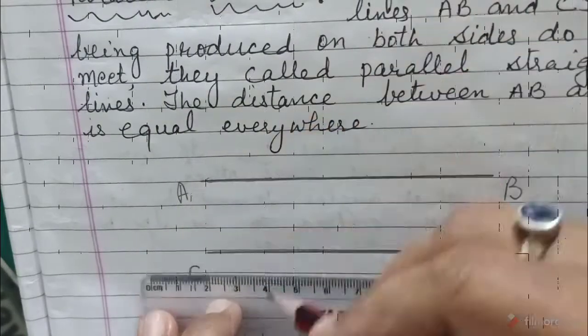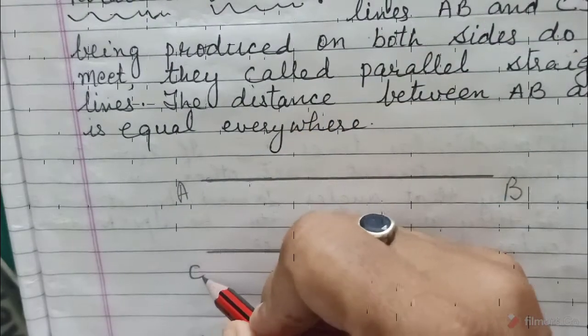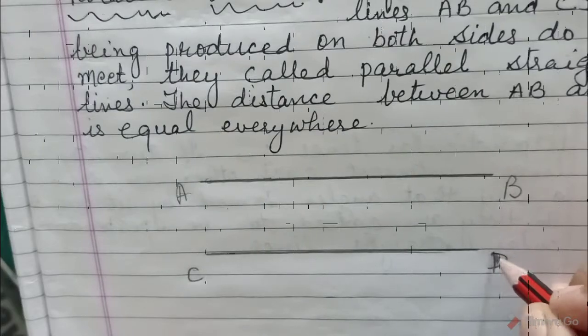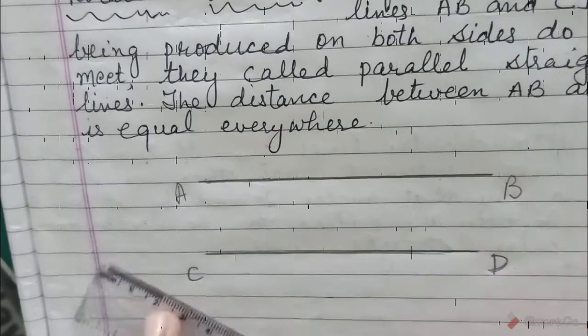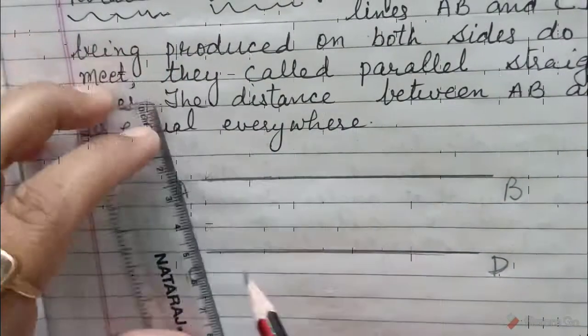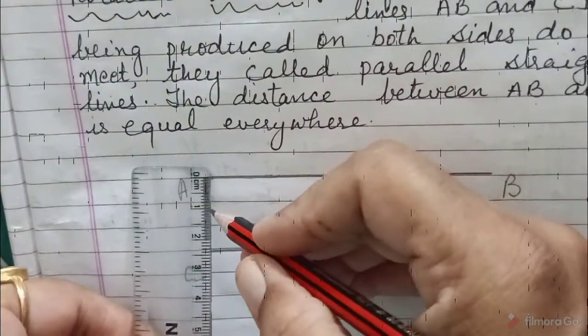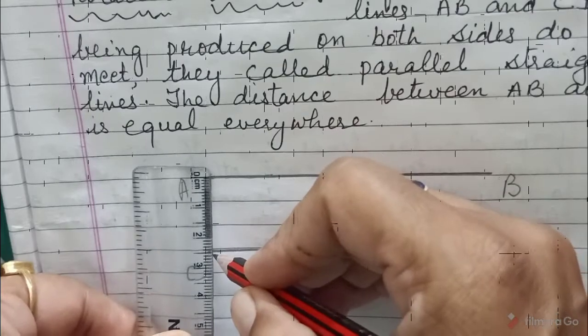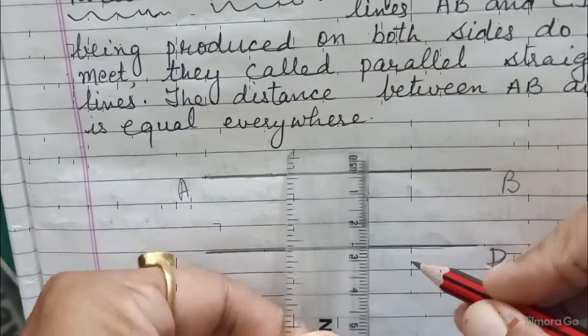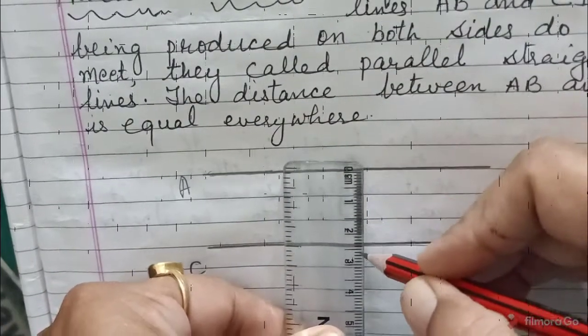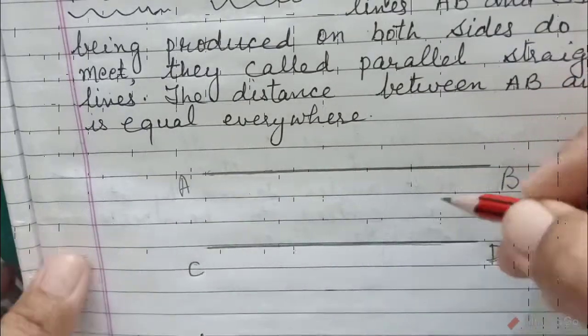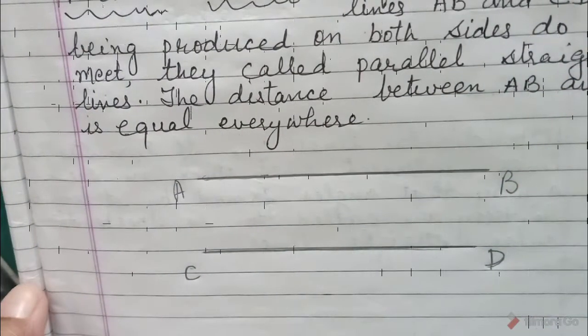Now the distance between these two lines AB and CD is equal. Now you can put here 0, 1, 2 and 2.5 centimeter. The distance between these two lines is equal, and they are called parallel lines.